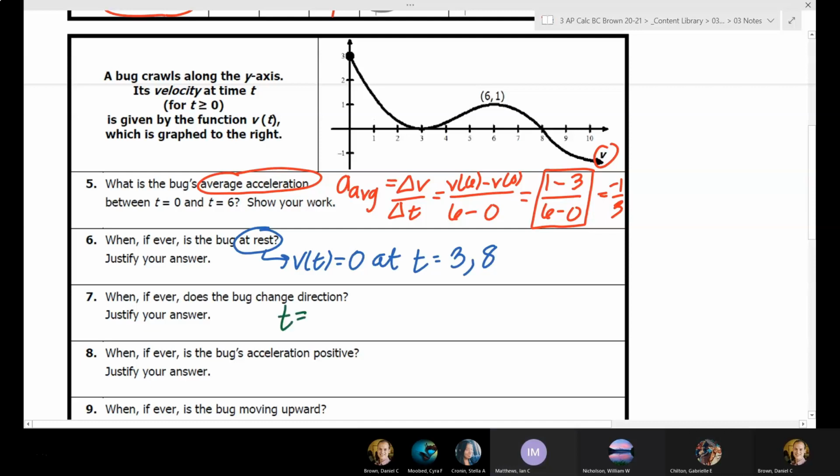It is changing at t is equal to 8, and an easy justification, since changing direction deals with the sign of velocity, is to say because v of t changes sign. You could be more clear and say it changes from positive to negative, so it's going up and then down, but changing signs is the easiest way to do it.